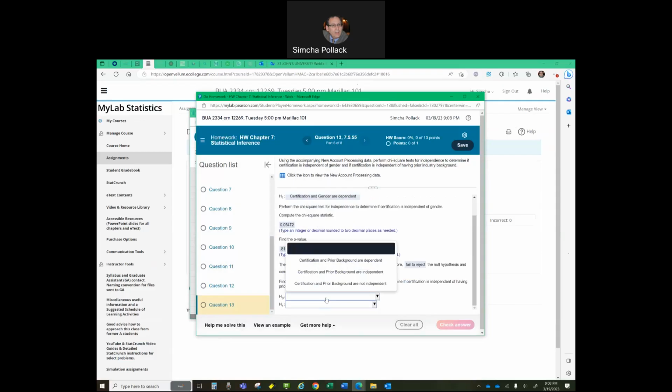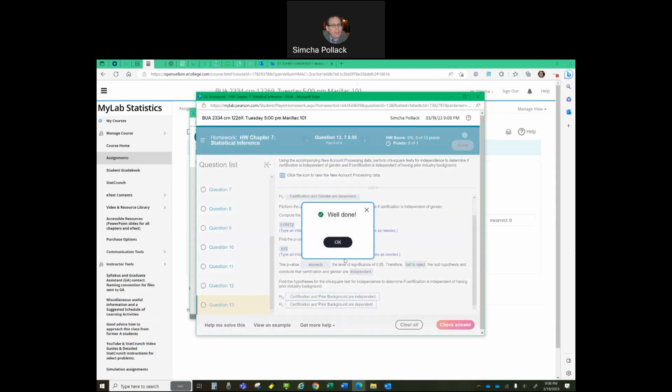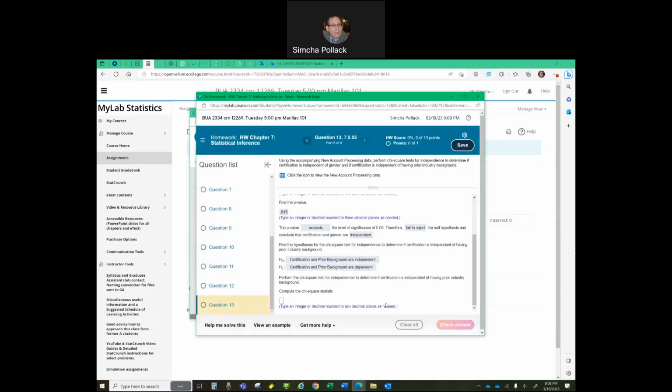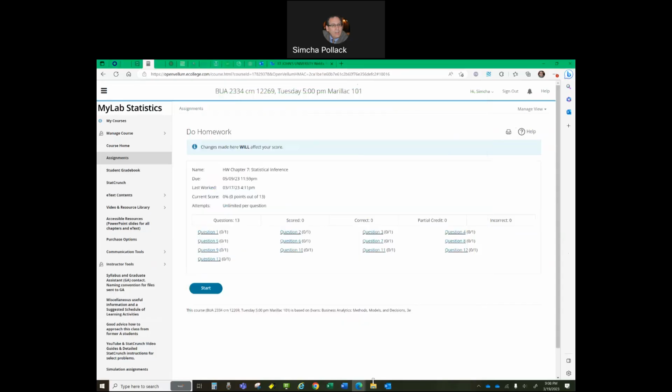So now we're looking at whether certification and prior industry background are related to each other. So we always have the null that they're independent, and H1 is that they're dependent, really not independent. Check answer. Okay, compute chi-squared. Well, we have to go back to the data, which we already have somewhere.